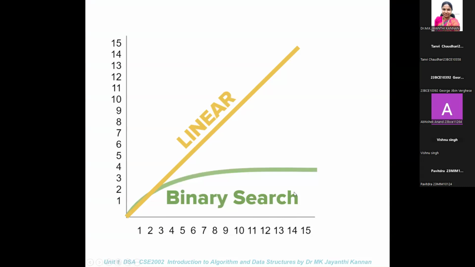We took the efficiency. With respect to binary search, after up to 5 numbers, the efficiency is increasing. After 5 numbers, even if you give 20 numbers, the time is almost constant. But for linear search, the time complexity increases with respect to the number of inputs.